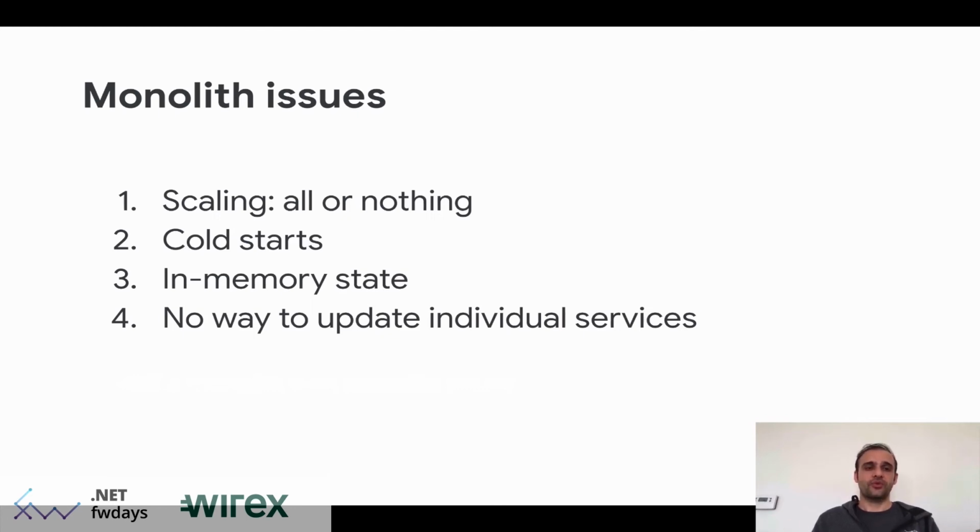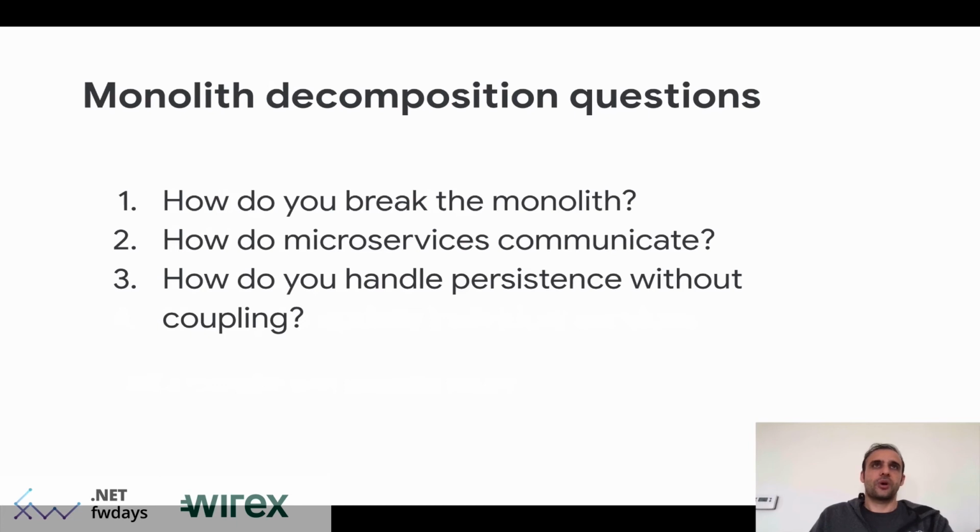So at some point, we had to fix these monolith issues, and that was the next phase of our application. We had to take the monolith and break it down into smaller pieces, but then there are all these questions. First of all, how do you break your monolith? What are the good ways of breaking the monolith? There's no right answer, by the way.